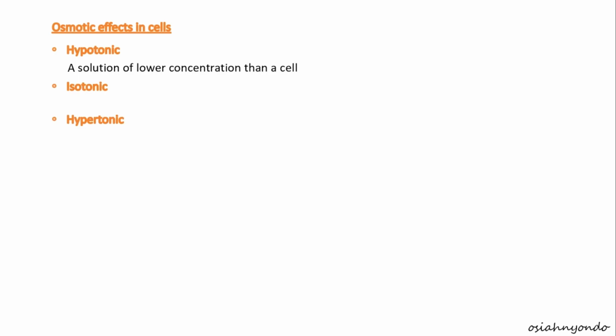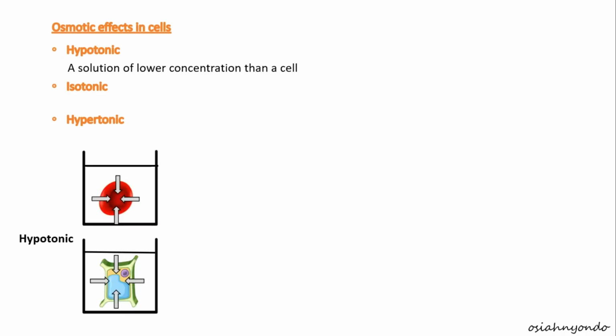What this simply means is the solution has more water molecules compared to the amount of water present in a cell. So water can diffuse from the solution into the cell, because the cell has fewer water molecules compared to the solution.